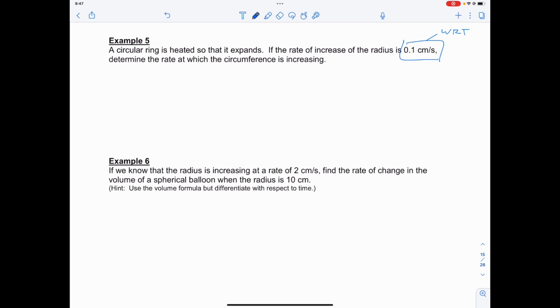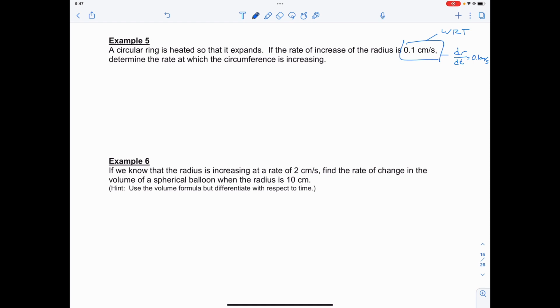Because this is our radius with respect to time, this is also going to be our dr over dt is equal to 0.1 centimeters per second.